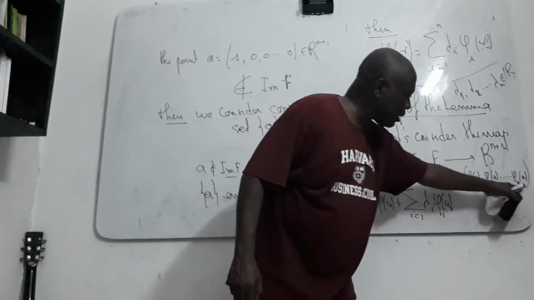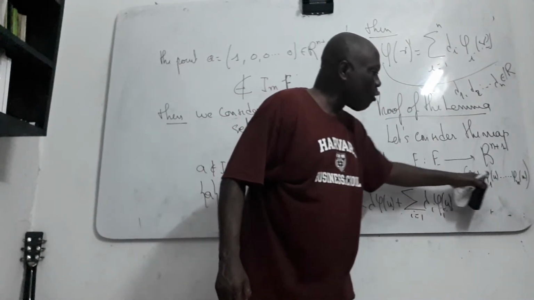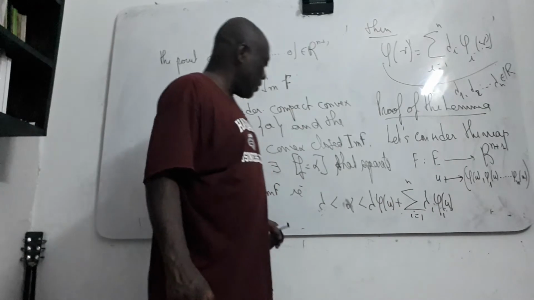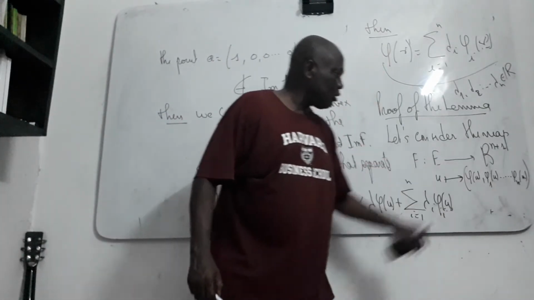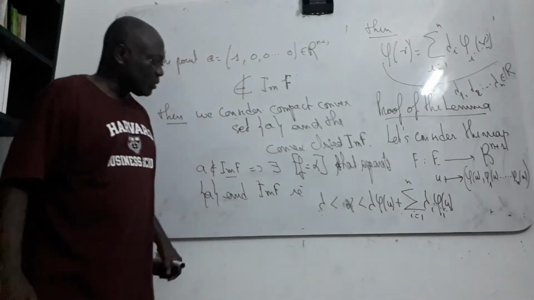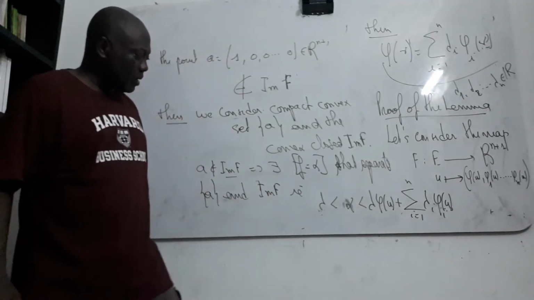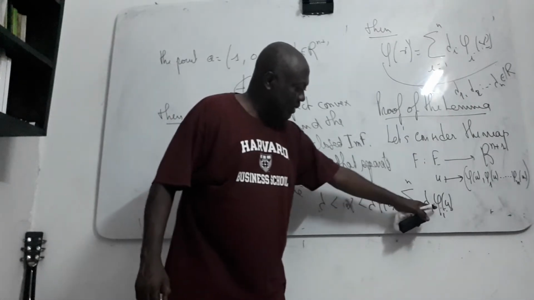It's not an element, this one. So the element here is a linear combination of the n plus 1 elements in this set, which is this condition. Then this phi is linear.